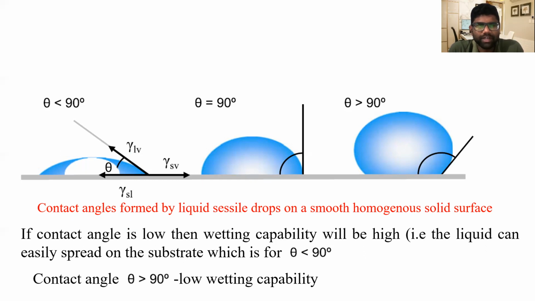That happens for theta less than 90. For contact angle theta greater than 90, the wetting capability will be low, and for theta equal to 90, it is moderate. So the contact angle here determines the degree of wettability.